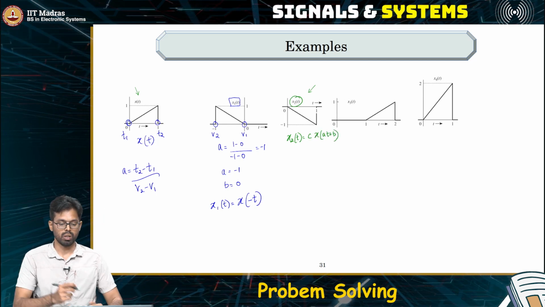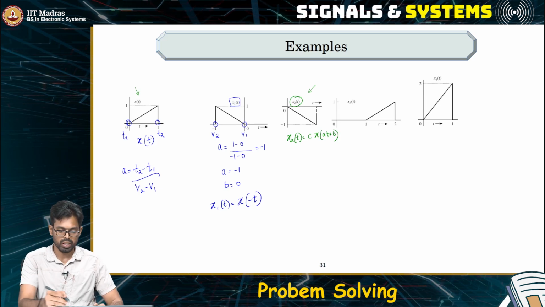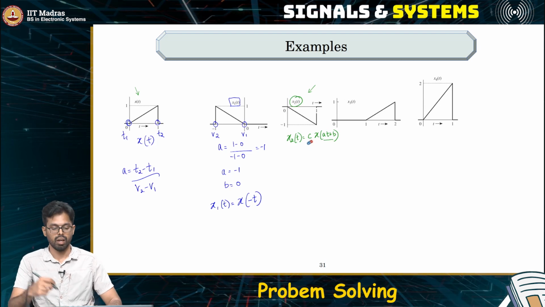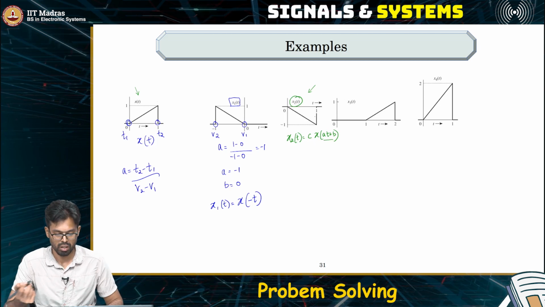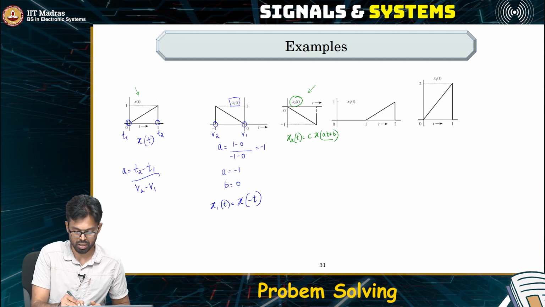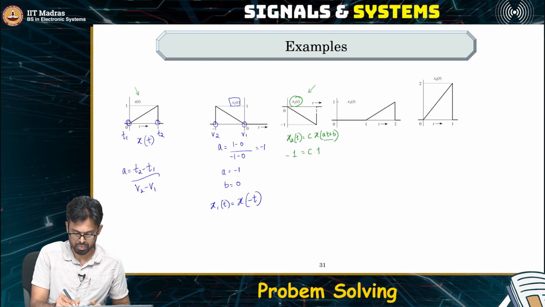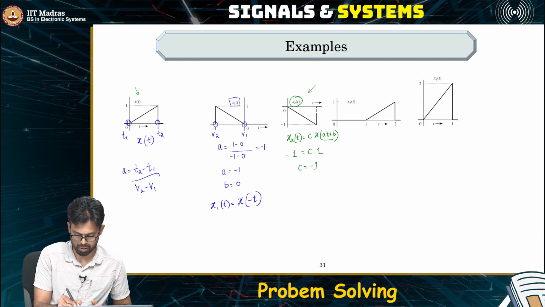In other words, the amplitude of the signal has now been altered. So not only the time is manipulated, but the amplitude is also manipulated. And in what way is it manipulated? If you can see here, 1 has become minus 1, right? So all we are saying is, at some point 1 has become minus 1. So from this it is easy to figure out that C is equal to minus 1.